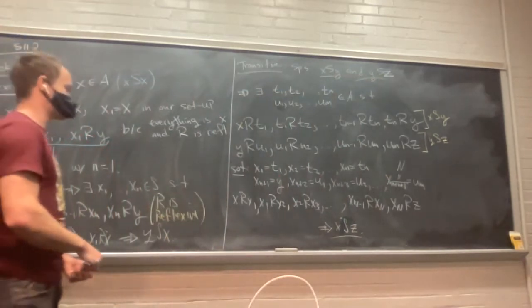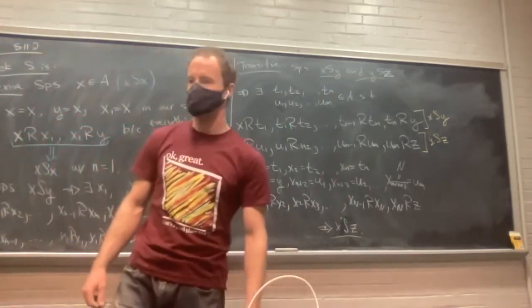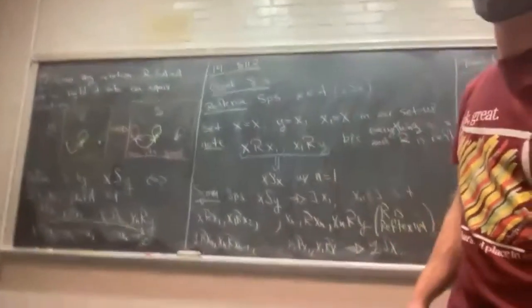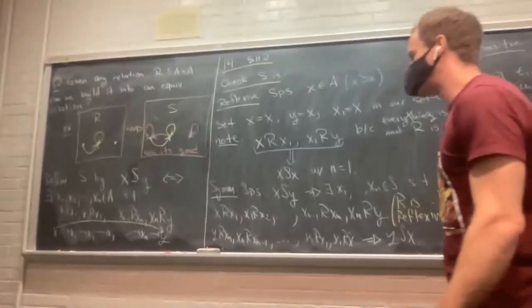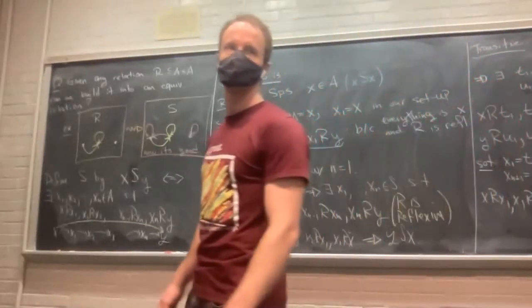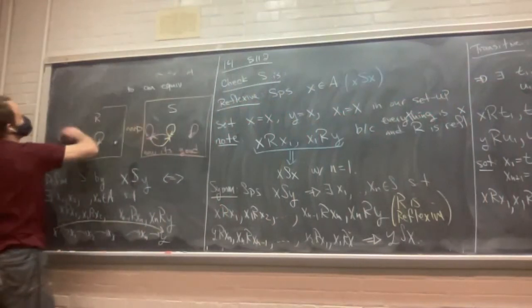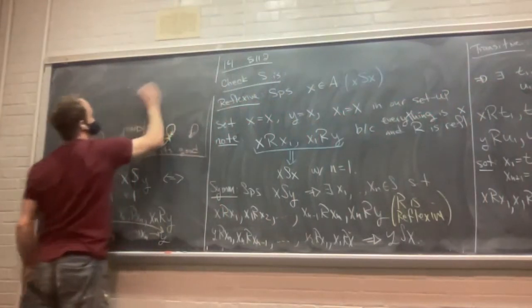Now there's one more part to this problem, and that is that with this construction, we have actually created the smallest equivalence relation. So we don't have time to go through that whole proof, I don't think, but I do have time to sketch it.